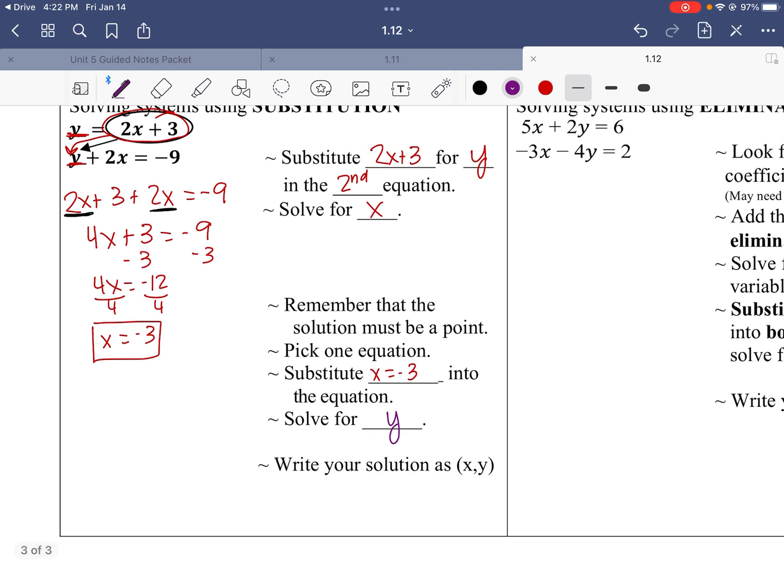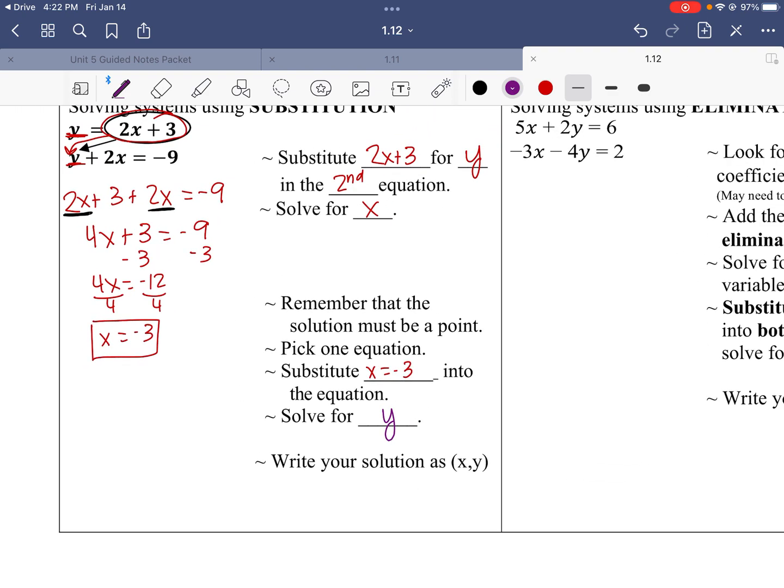Okay, so what we do, we take this x, and we would write y equals 2 times 3 plus 3. So you see how it's just this first equation, but instead of an x, we're going to use 3. If we know what a variable equals, we no longer need the variable.